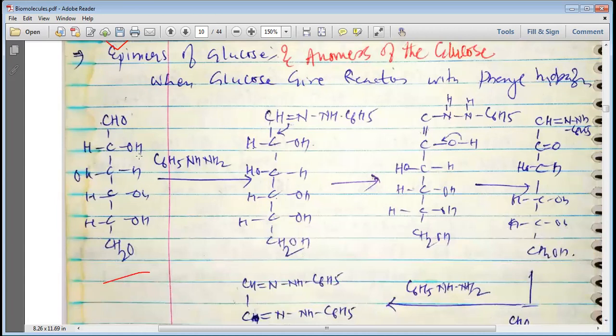Suppose we have glucose. When it is allowed to react with the phenylhydrazine, it gives us these structures. So it combines with the phenylhydrazine and gives us the salt.